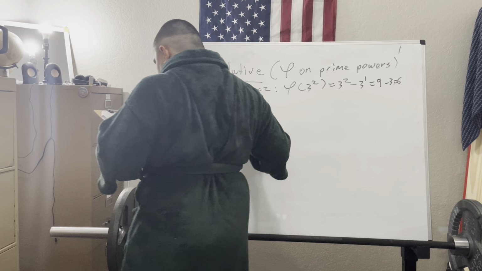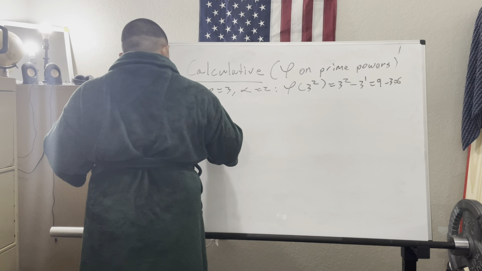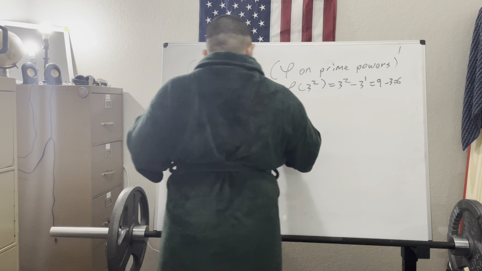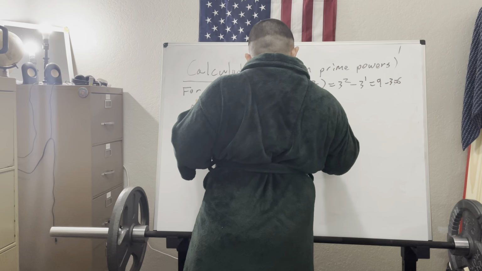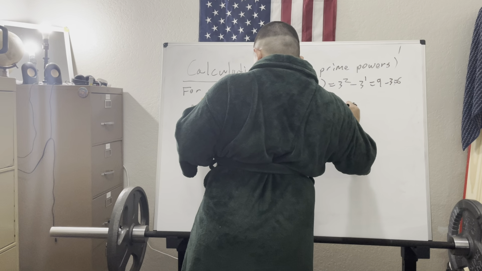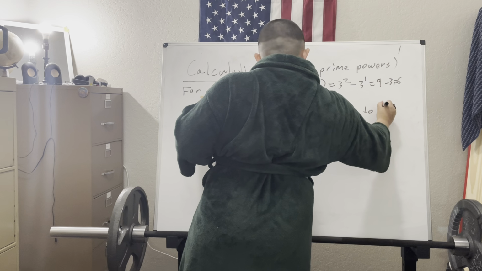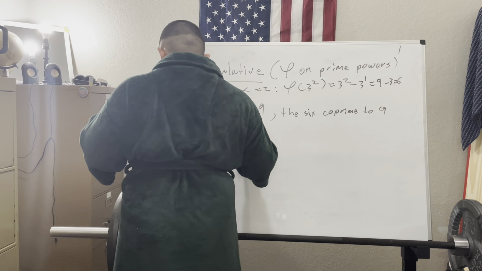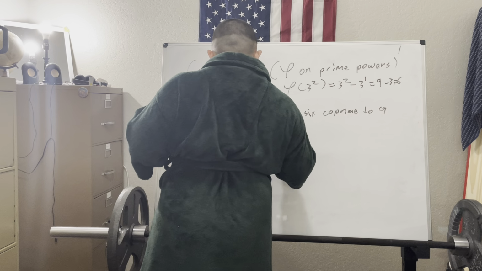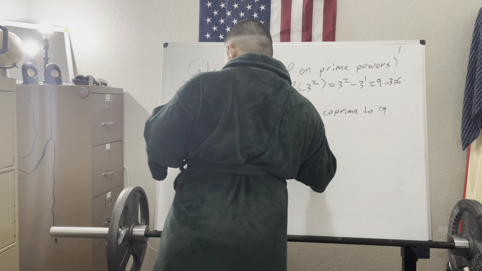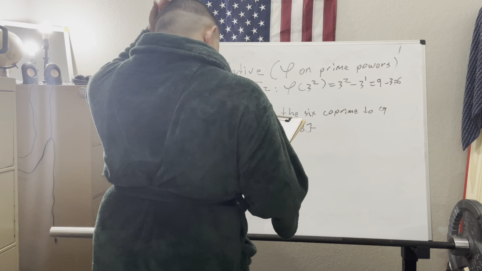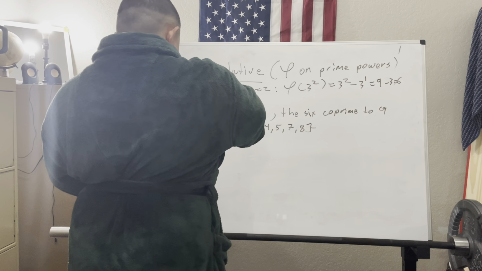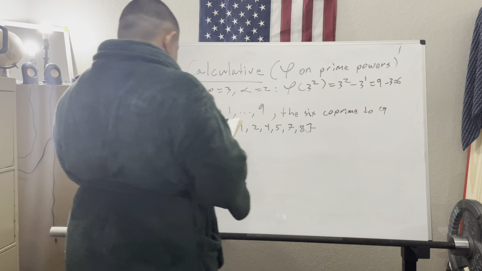And what's interesting is that among 1 all the way up to 9, the 6 coprime to 9 are 1, 2, 4, 5, 7, 8. So that's an interesting thing right there.